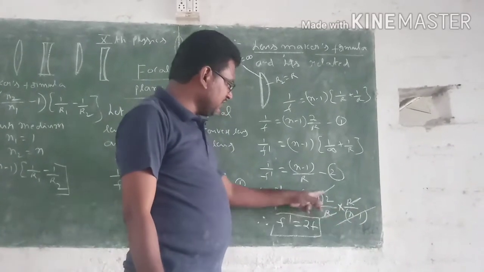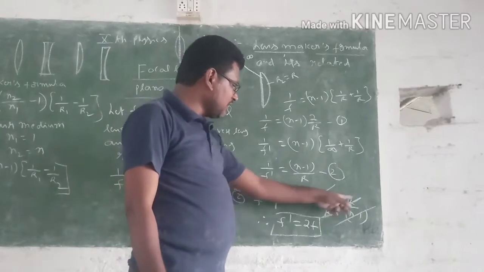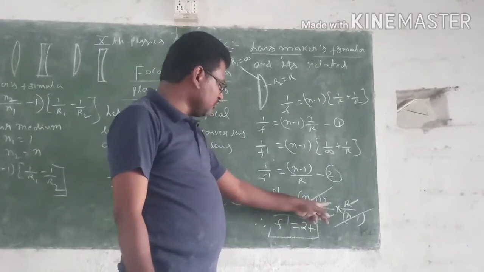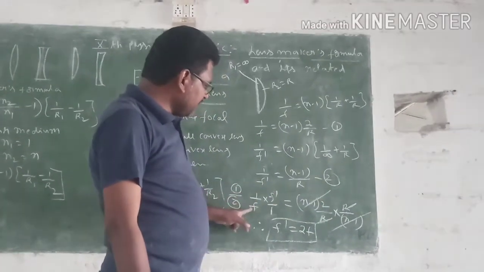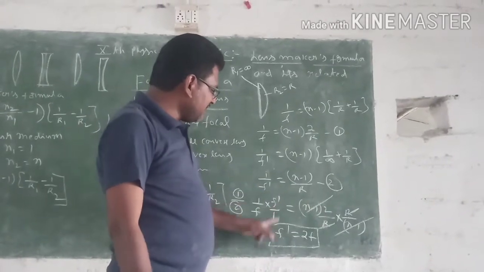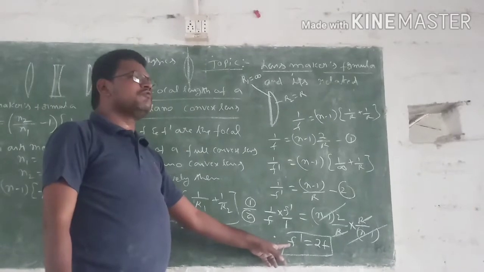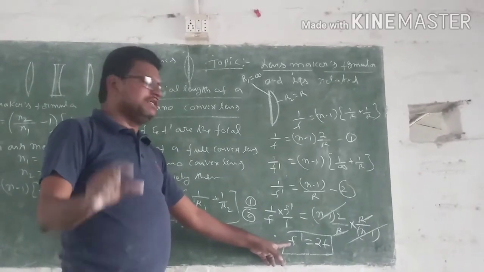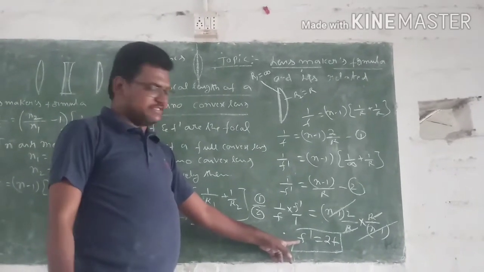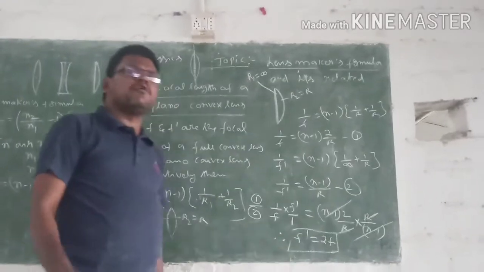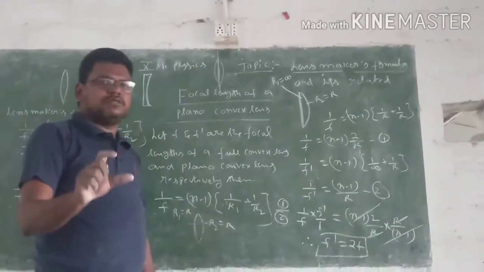The n minus 1 and R get cancelled, so it equals 2. So f dash by f is equal to 2, and f dash is equal to 2f. Here f dash is the focal length of each plano-convex lens, and f is the focal length of the full lens.